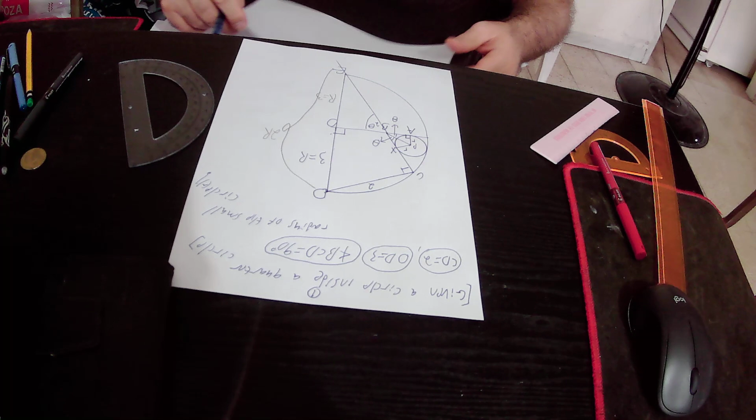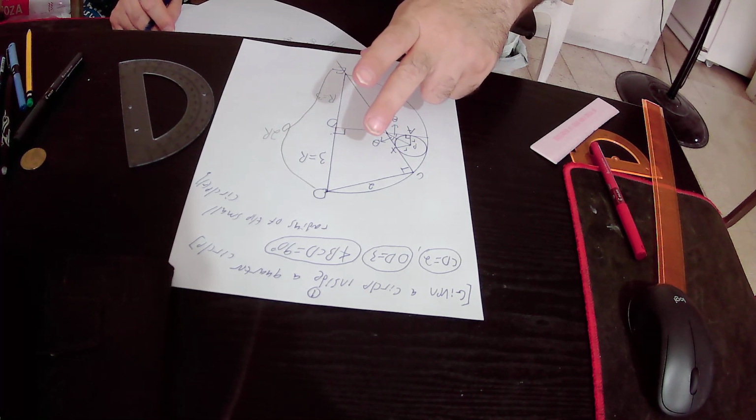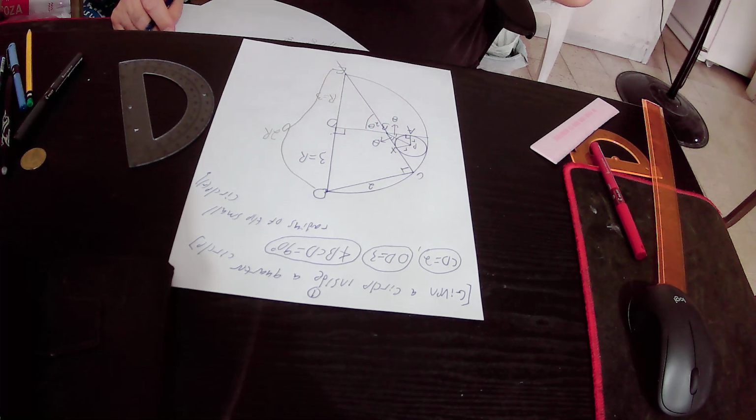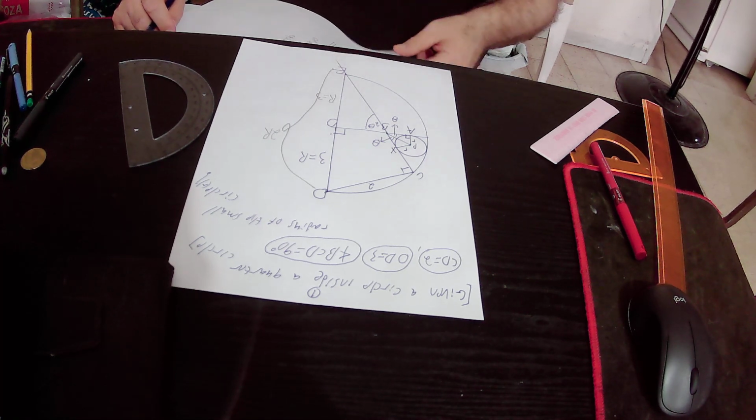And especially because ED is a straight line, then the sum of the angles on the straight line ED at point O must be equal to 180 degrees.